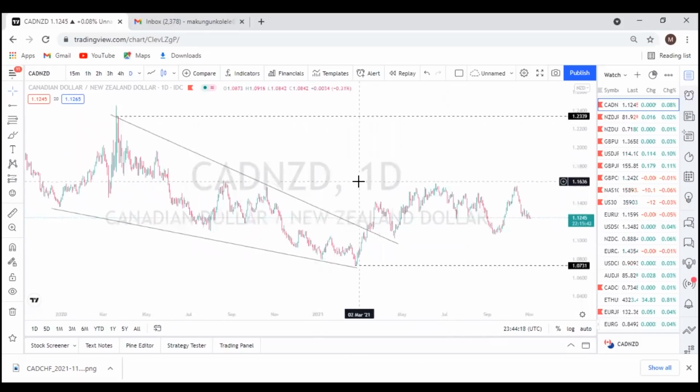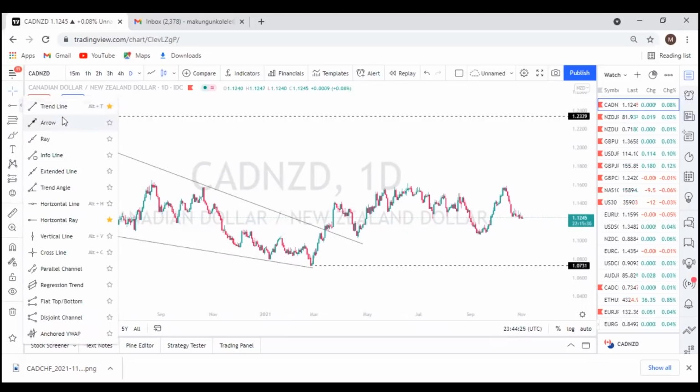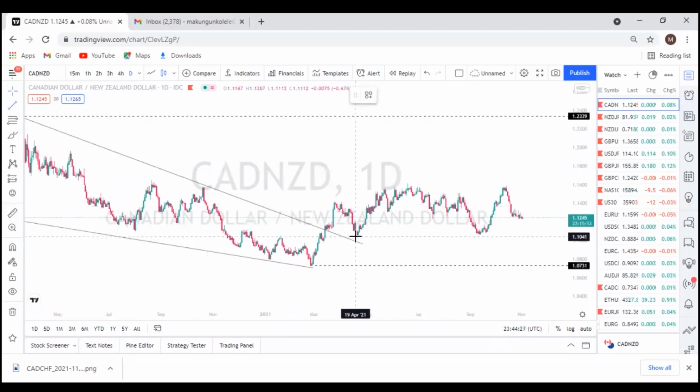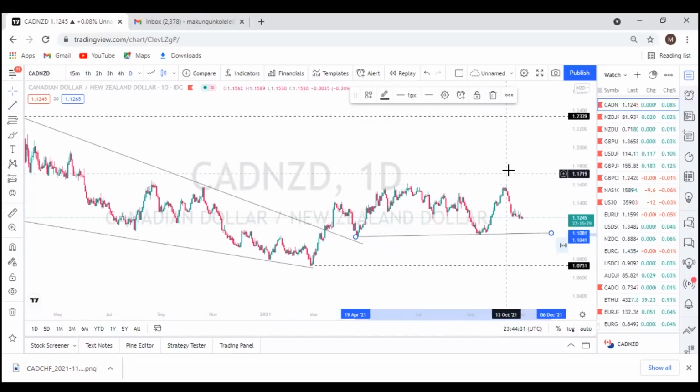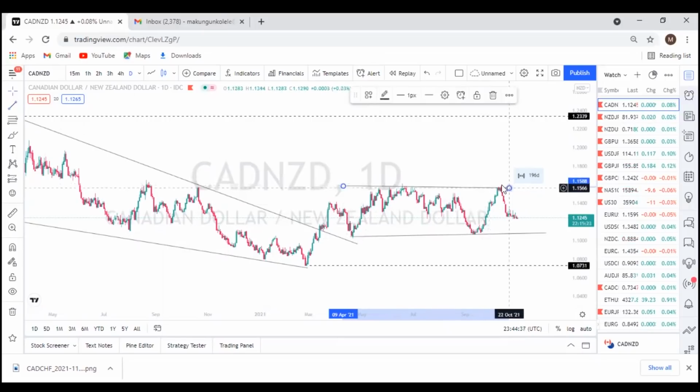But then if you look at the bigger picture, you can see that we're having another structure here, just as so. That's our support, this is our resistance.